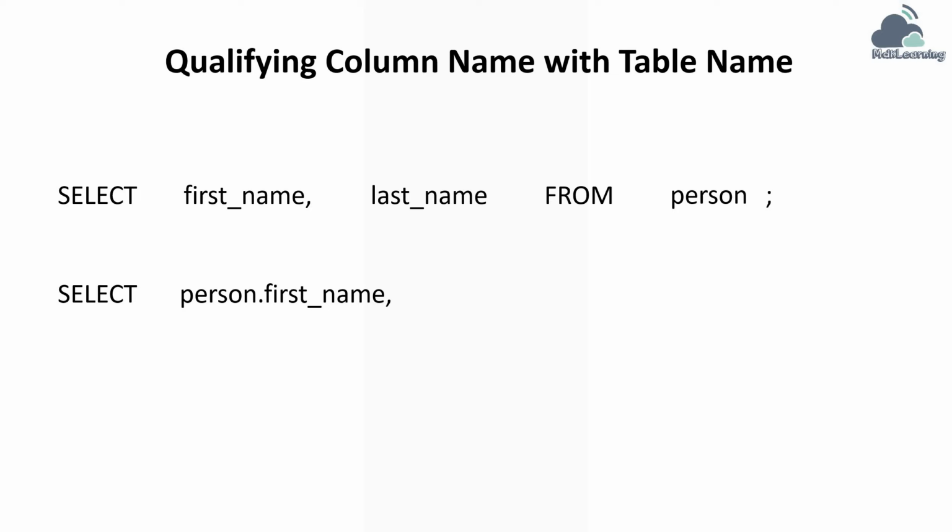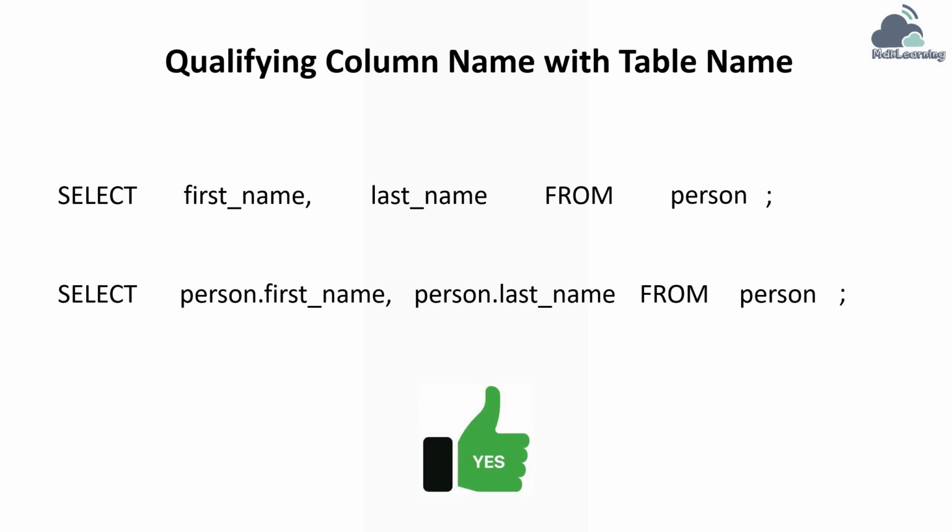Person dot is the qualification for the column first name, where person is the table, and then dot indicates the relationship. The column is a child of person. Same thing for last name. And now we can say from person, add the semicolon. So this is a good practice. It's a good practice to always table qualify the names of your columns.